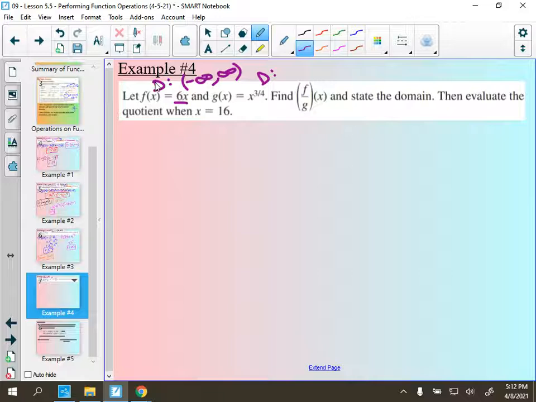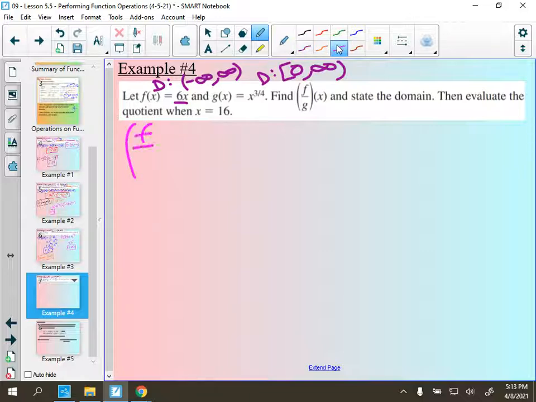That 4 as a denominator is like a 4th root. So that's one that we got to say, hey, no negative numbers allowed here. Only 0 and above. So the other thing to notice is, what are we being asked to do? It says find f divided by g. Okay, division. I'm going to hold off on writing my domain answer until I can see what's going on here, okay? So let's start there.